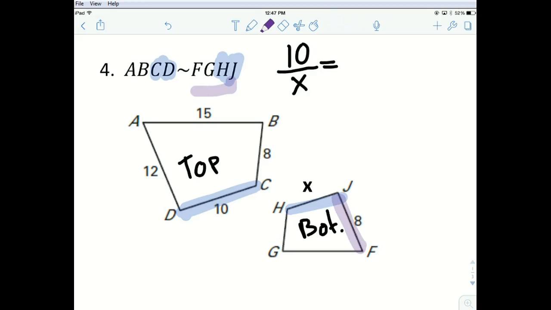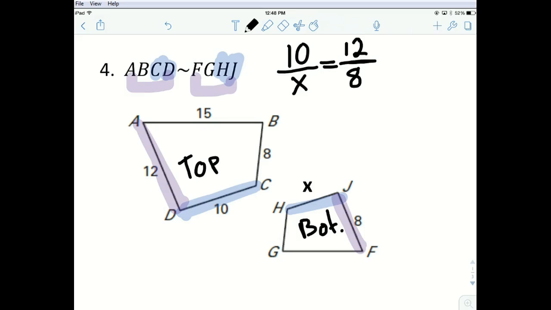J and F are the first and last 2 letters, so that means it must match up with D and A. So D and A is 12. Again, I have to go left to right, so I use my color code here. 12 on top over 8 on bottom.